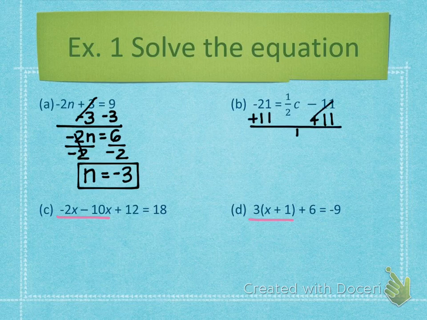This cancels, and we have 1/2 C. Bring down what we have not used. And then what is negative 21 plus 11? Negative 10. Very good. Now, we're at our last step, which is to multiply or divide. So, Emma, we're trying to move a what? A fraction. And we learned last week, if it's a multiplication problem and the number we have to move is a fraction, what is our shortcut?